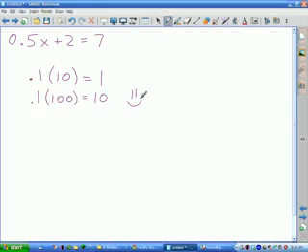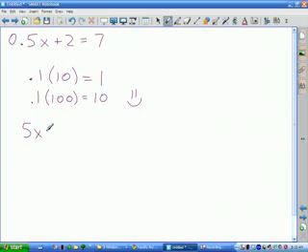Now you see the idea that when you multiply by a power of 10, it moves the decimal to the right. Now imagine if I multiply everything on the left of this equation by 10 and everything on the right by 10. Well, it just moves the decimal 1 place to the right. And that would clear this decimal.